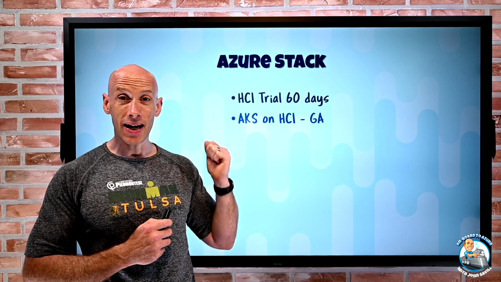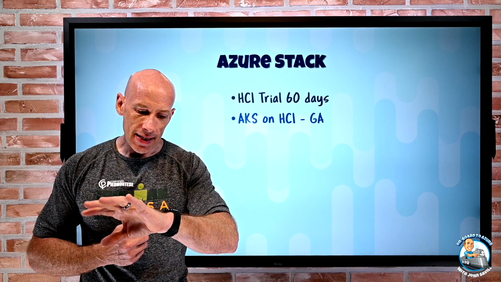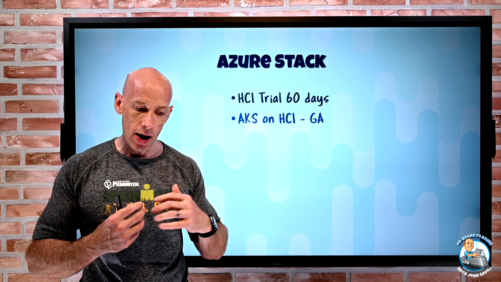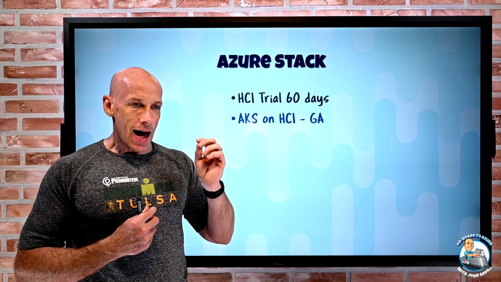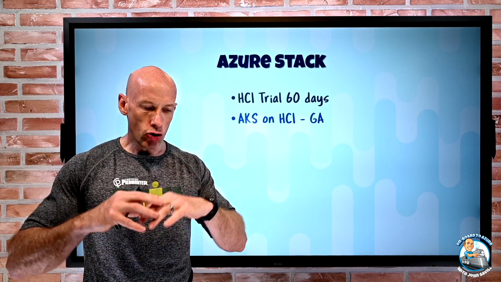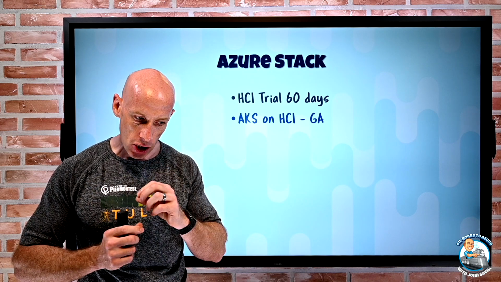And AKS on HCI has gone GA. So this is now this very, very easy enablement of the Kubernetes running on HCI, we've just talked about. And remember, the HCI AKS is all about the management plane, the creation of the cluster, deletion of the cluster, upgrade, those types of actions.